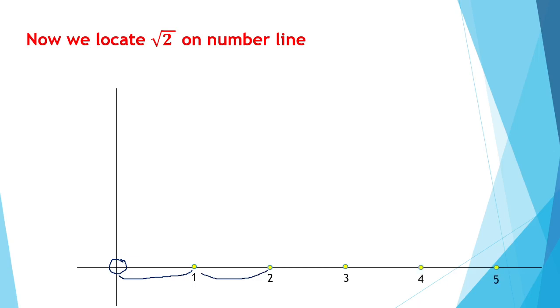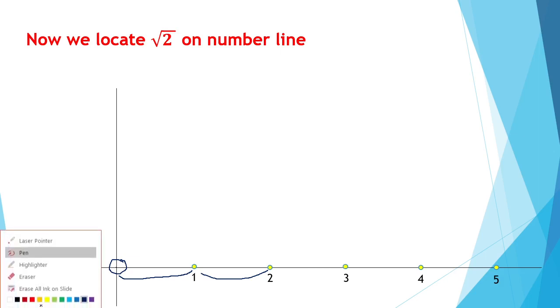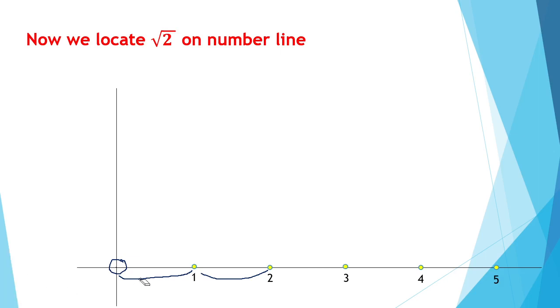I am erasing these lines here for clear vision. Now I'm taking the pen again. Vertically also you have to keep the same distance like this. 1, 2. Now first of all we have to take the base.